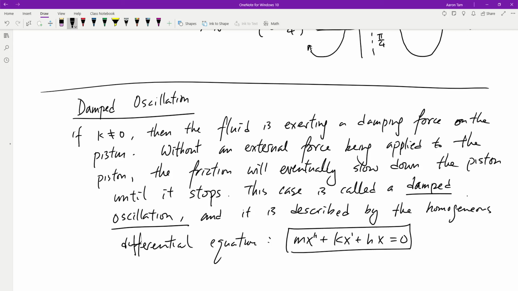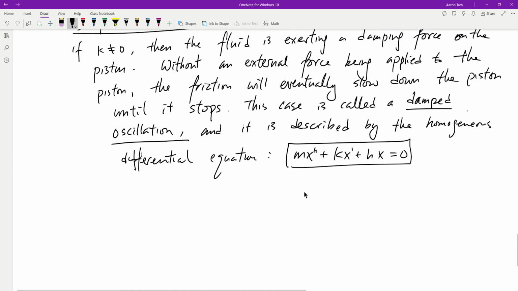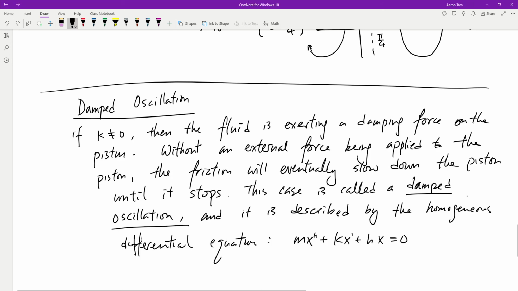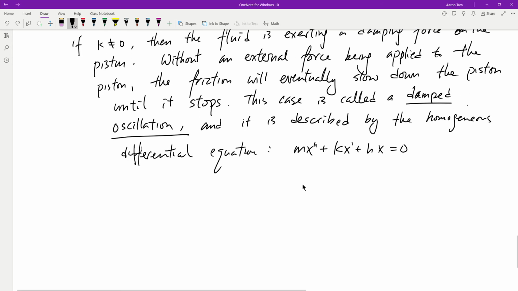Once again, because m is a constant which describes the mass, which cannot be 0 or negative, what I'm going to do is divide the entire equation by m, and that gives us this equation.